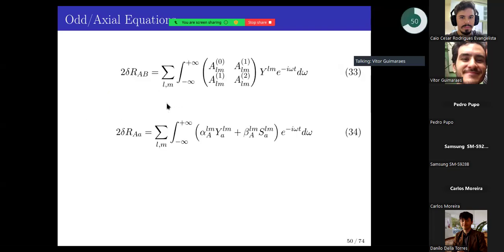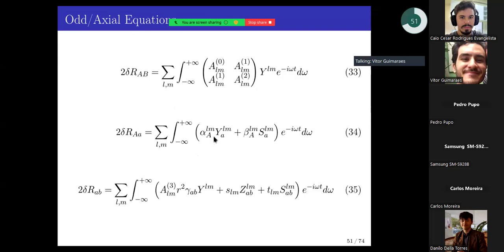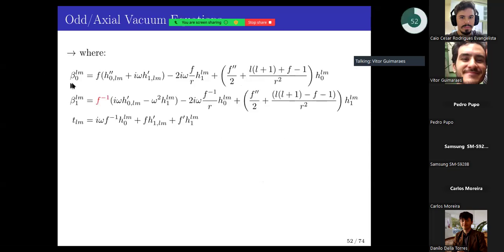And then we end up with this. What we did was, let's group everyone that is multiplying this vector here. So we separate it like this, and this is what we got, okay?